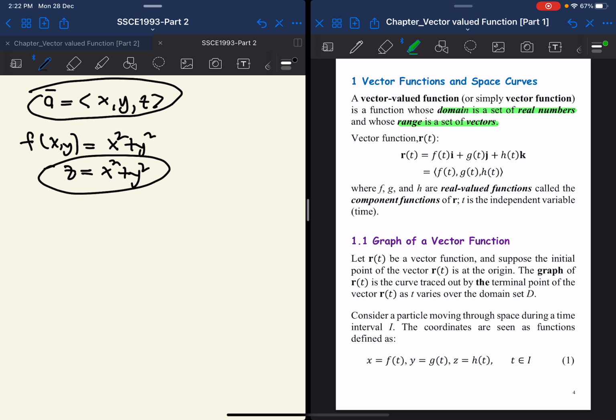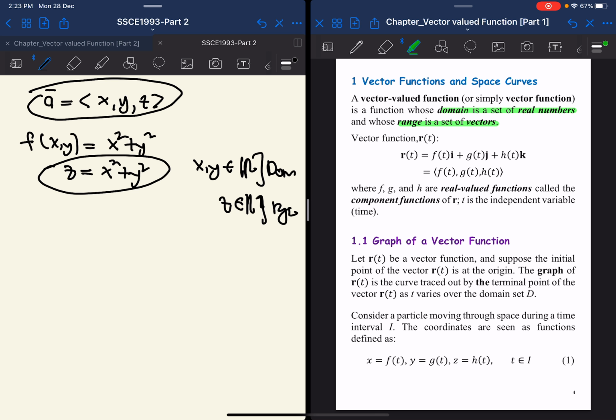From this function, x and y are real numbers and form the domain, and z is a real number, so that is the range for the given function.